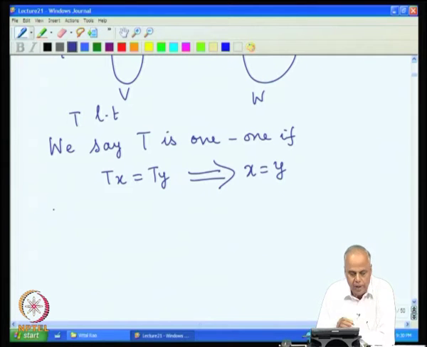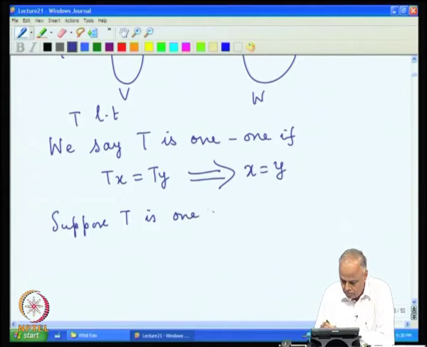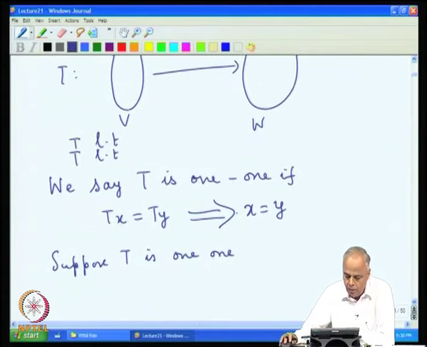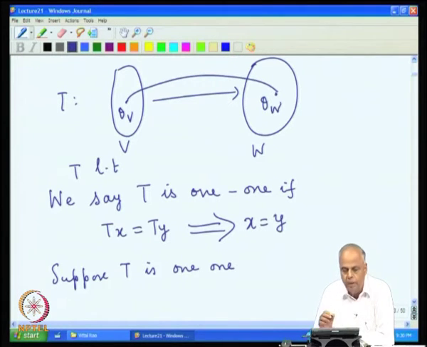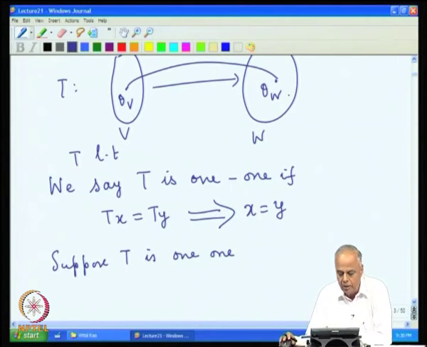For a 1-1 transformation, suppose T is 1-1. Then we already have the 0 vector getting mapped to the 0 vector of W. Any linear transformation maps the 0 vector to the 0 vector. Now, because the map is 1-1, no other vector in V can get mapped to the 0 vector.